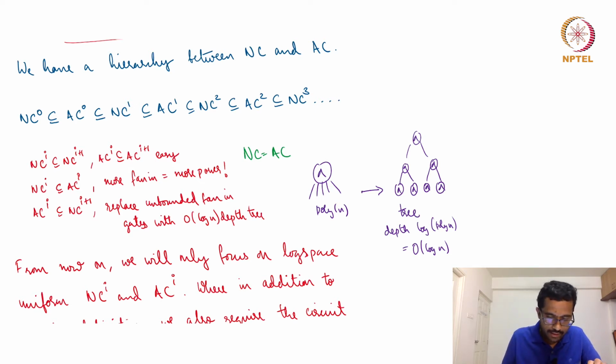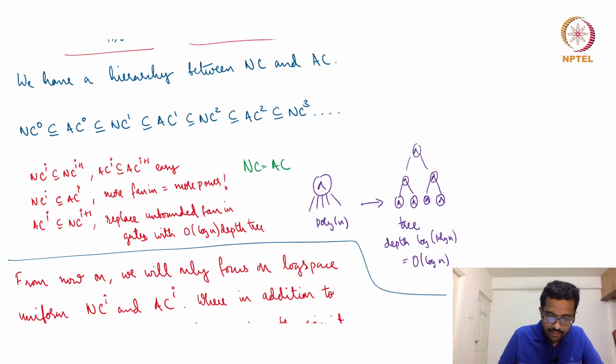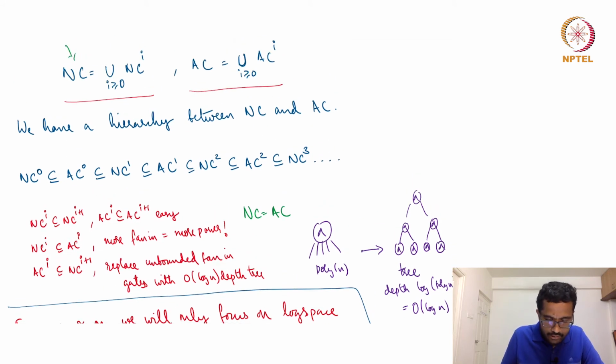So it is NCi+1. Now summarizing all this, we could just write it like this: we have NC0 contained in AC0 contained in NC1, AC1 and so on.